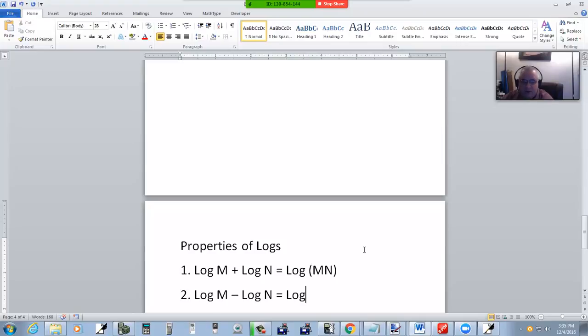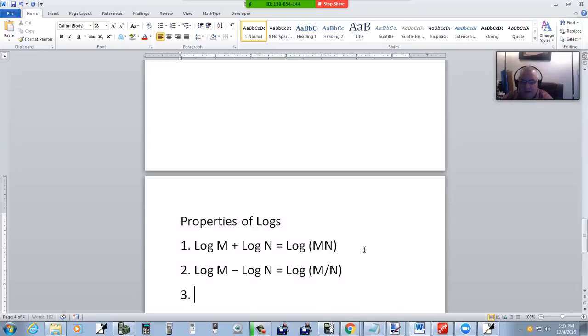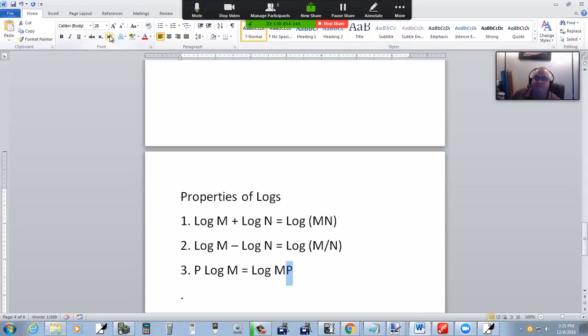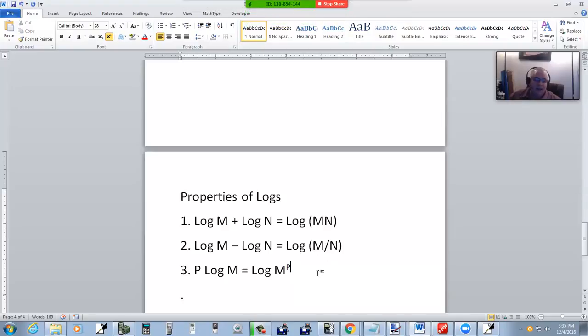Subtraction becomes division. And if you got a number and then a log, it doesn't have to be a number, but typically it's a number that's in front of your log, then you can take it and put it as your power. First one is called a product property, second one is called a quotient property, and the last one is called a power property, if you dig into names.